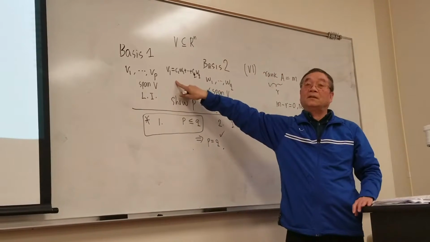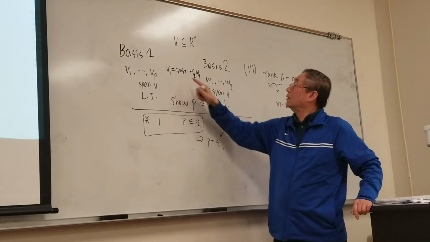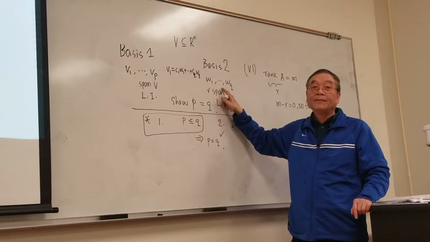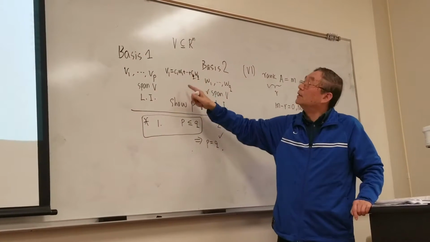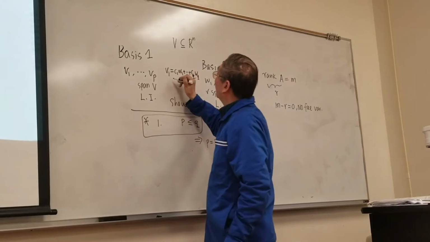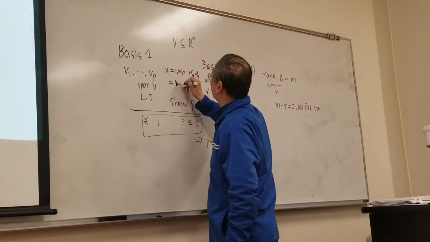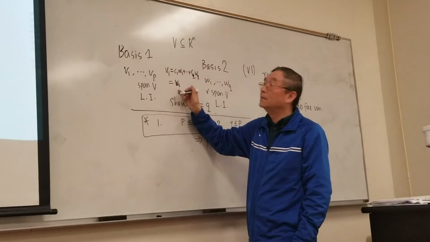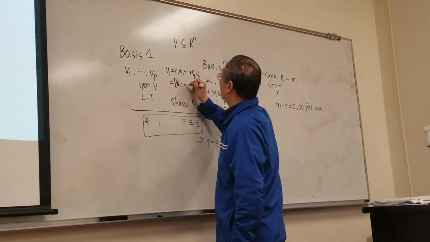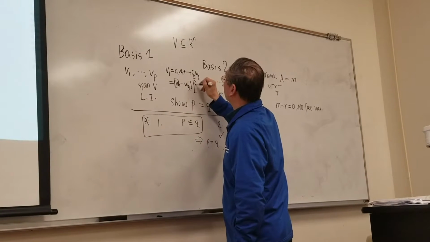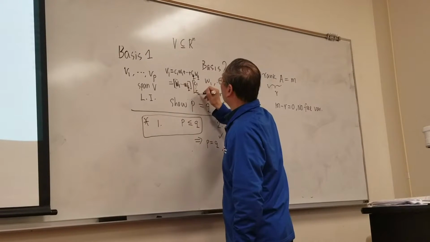Each one is a linear combination of these, because they span and these vectors are in V. So every one can be rewritten as the matrix with W1 as the first column and Wq as the last column, times the column vector with entries c1 through cq.